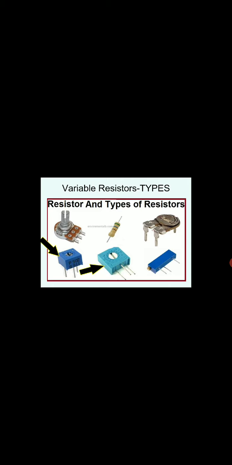They are nothing but presets used in industry on the PCB, but they are protected ones, not open. So they are better than the previous open type of preset. And the other one is what we have just now seen, a trimming pot.